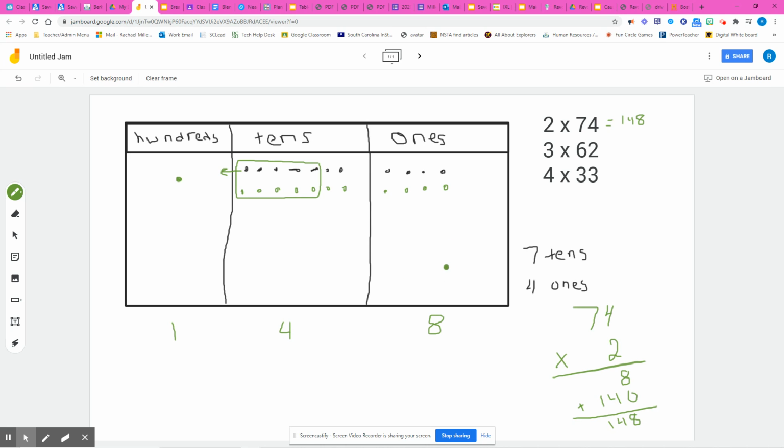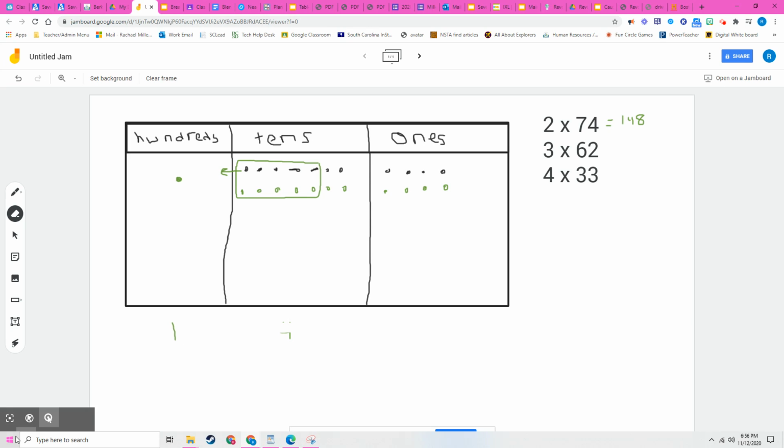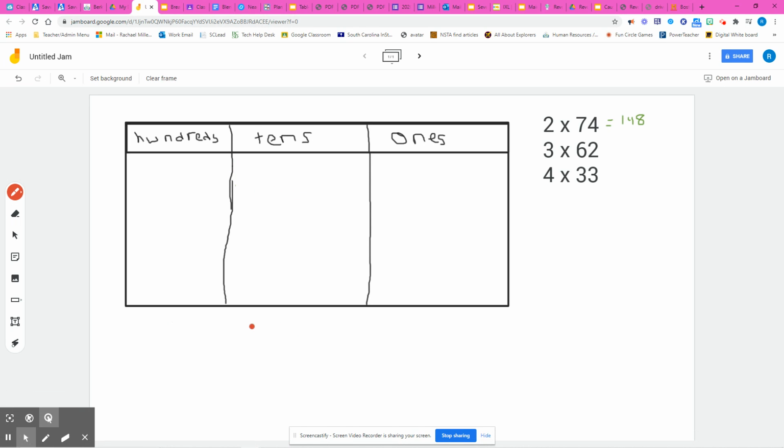Okay, so let me do the strategy again for you, and we're going to use 3 times 62 this time. Okay, so here we go. We're multiplying our 1 digit by our 2 digit, 3 times 62.